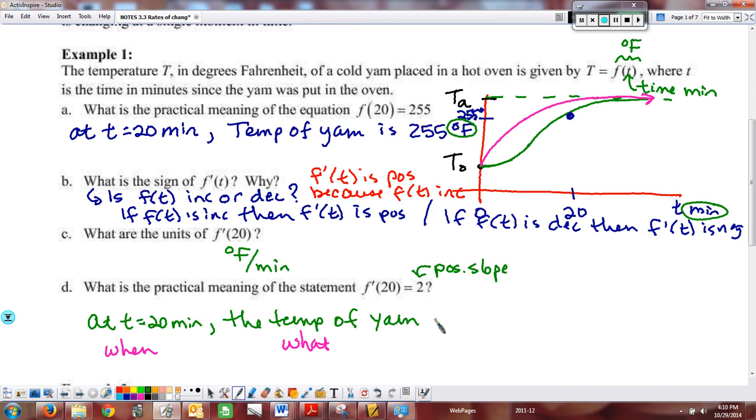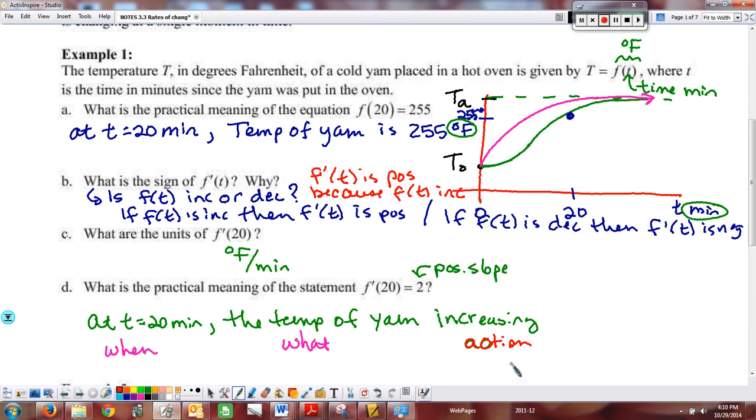So we use the fact that we have a positive slope to say what the actual temperature is doing. It's increasing. So it's when, what are we talking about, and what is it doing? Is it going up, down, or staying constant, which is pretty much what your choices are.